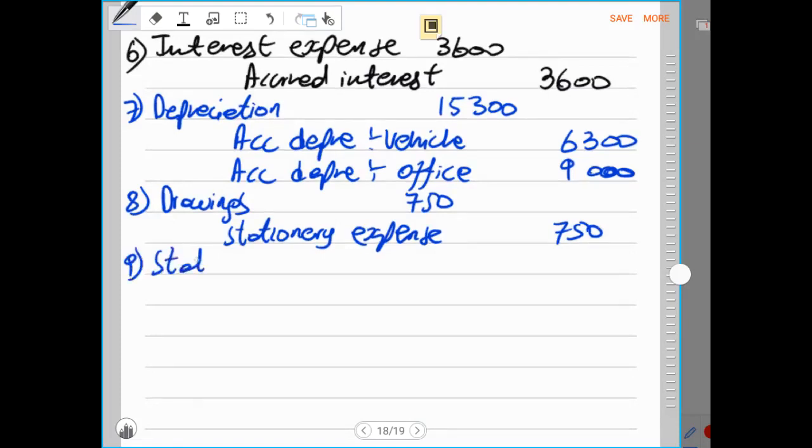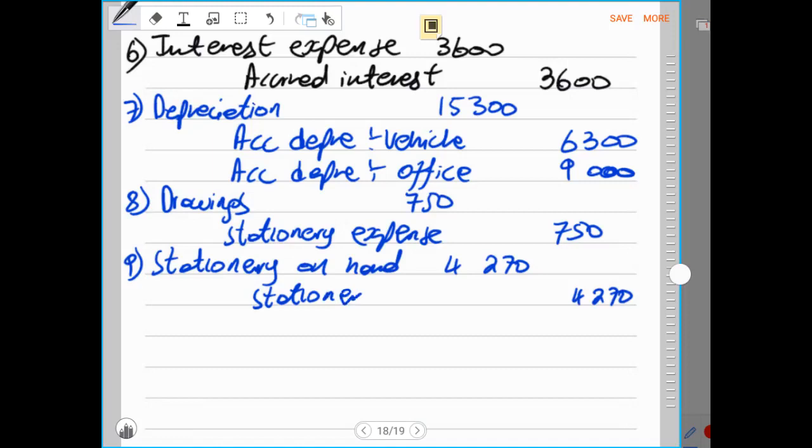So we debit our stationery on hand, and it's 4,270 rands, and we credit our stationery expense.